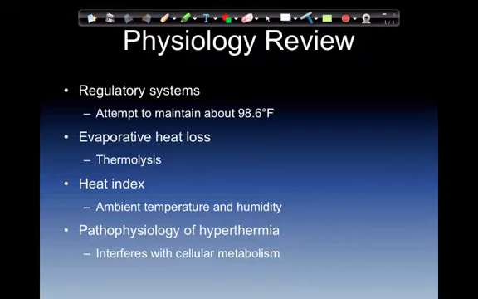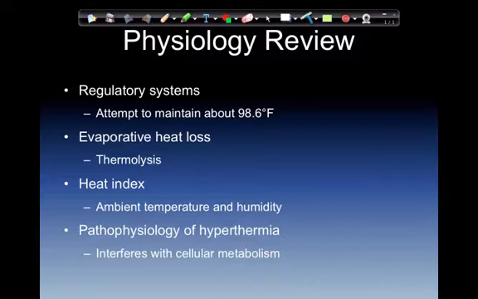It takes heat with it whenever it does this to give off heat, so to speak. Heat index, function of the ambient temperature and humidity, creates a perceived temperature. So whenever you're listening to the news, the actual temperature is this, and then this is what it's going to feel like, is always said whenever they're talking about how hot it is. And this depends on the amount of humidity that's in the air.